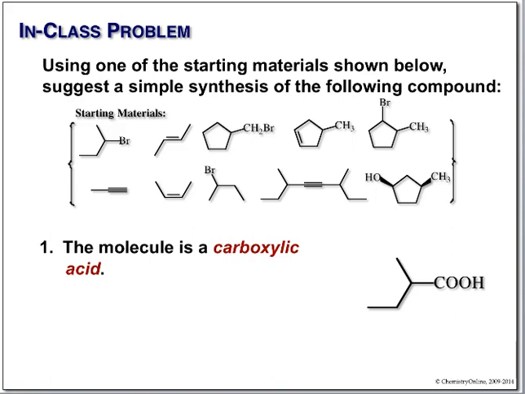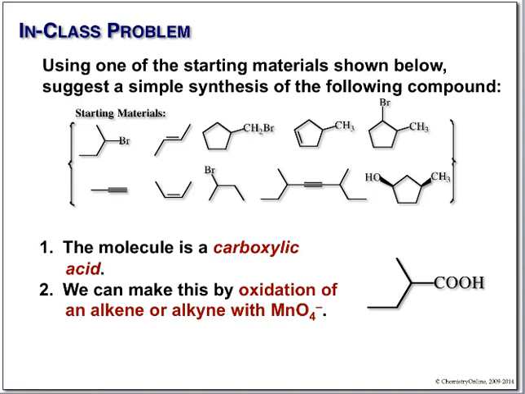It's a carboxylic acid. We're going to make this by oxidation of an alkene or an alkyne with permanganate. This is acidic permanganate, remember.